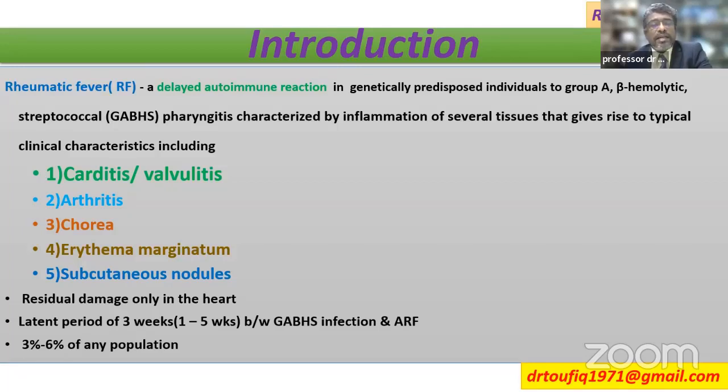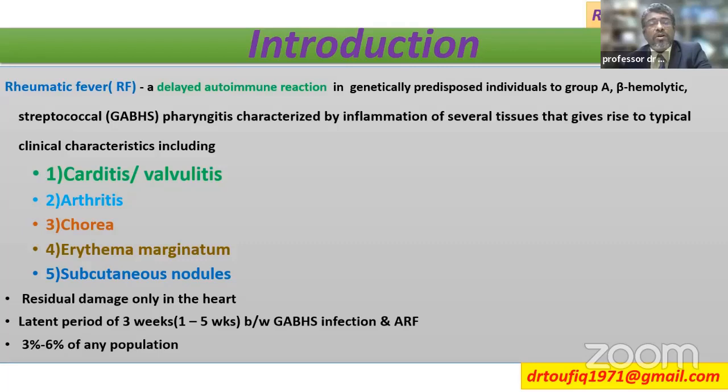There is also skin involvement, usually in the form of erythema marginatum and subcutaneous nodules. Erythema marginatum has red margin-like features, and there may be subcutaneous nodules; that is the skin involvement.